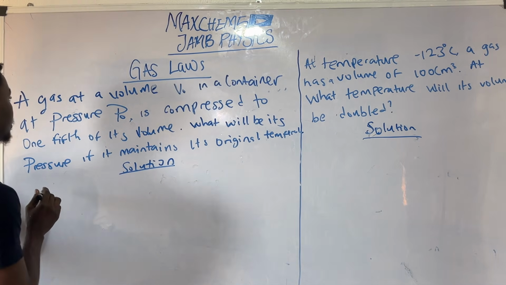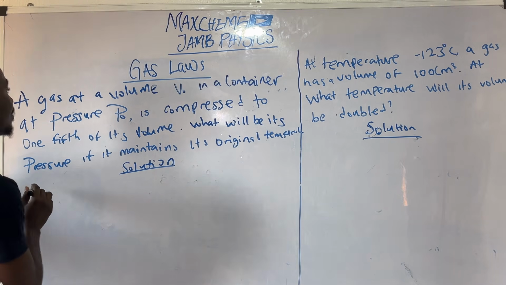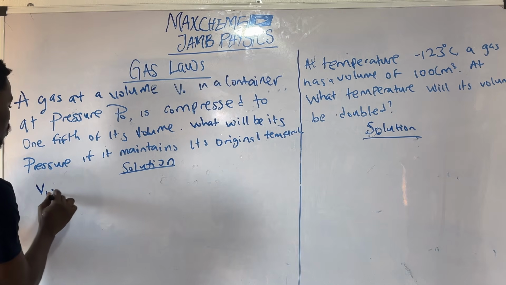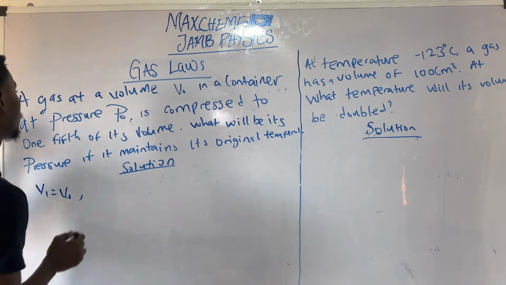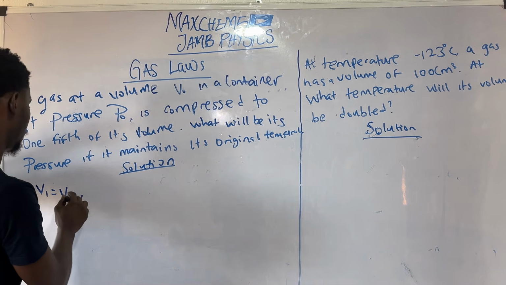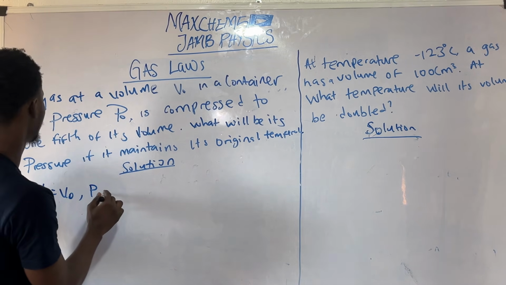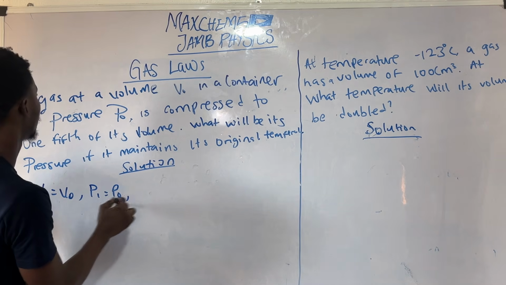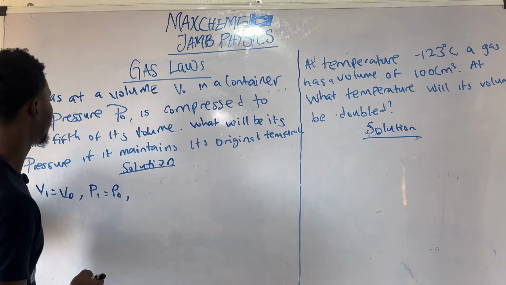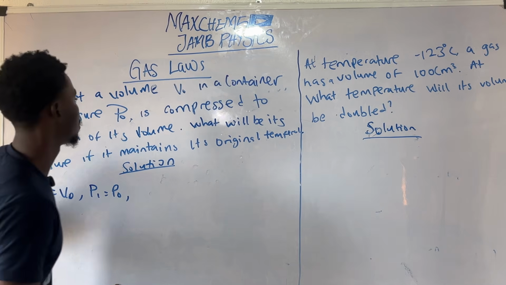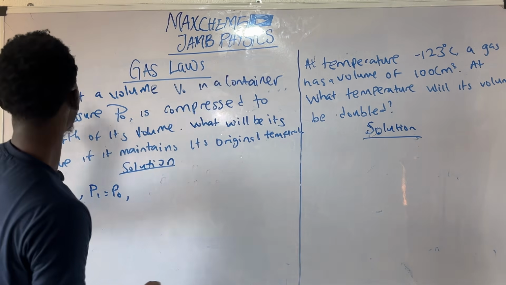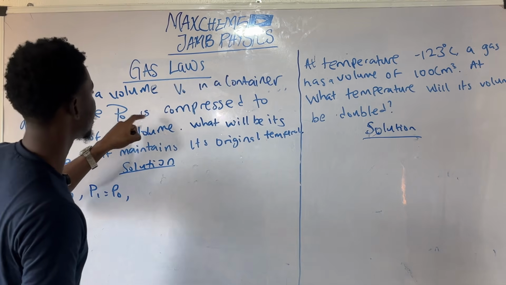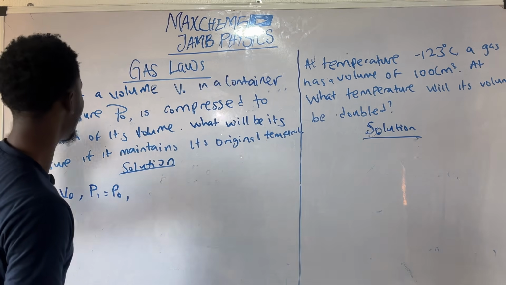Writing down our parameters, we have our volume V1 to be V0. We have our pressure P1 to be P0. It's compressed to 1/5 of its volume.